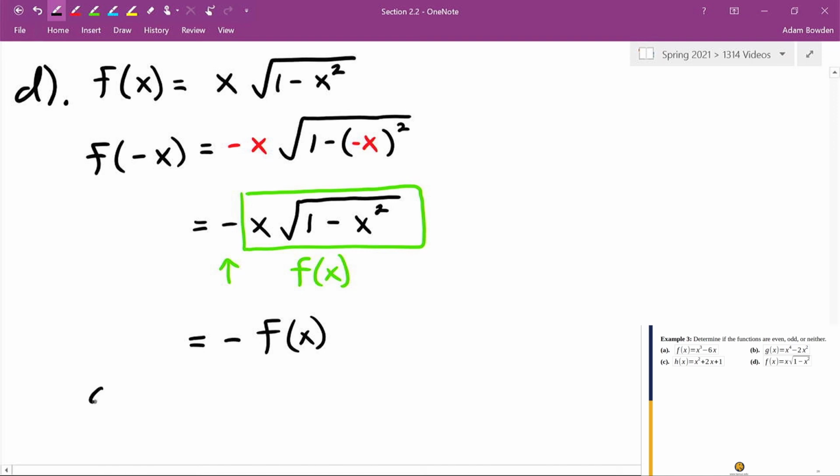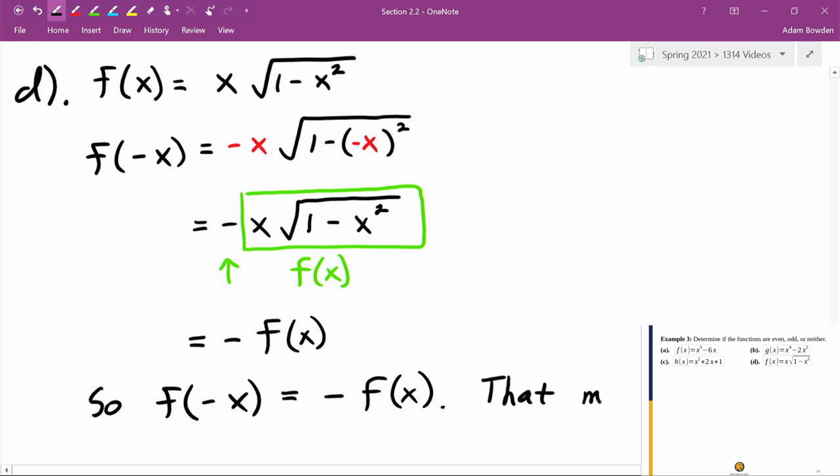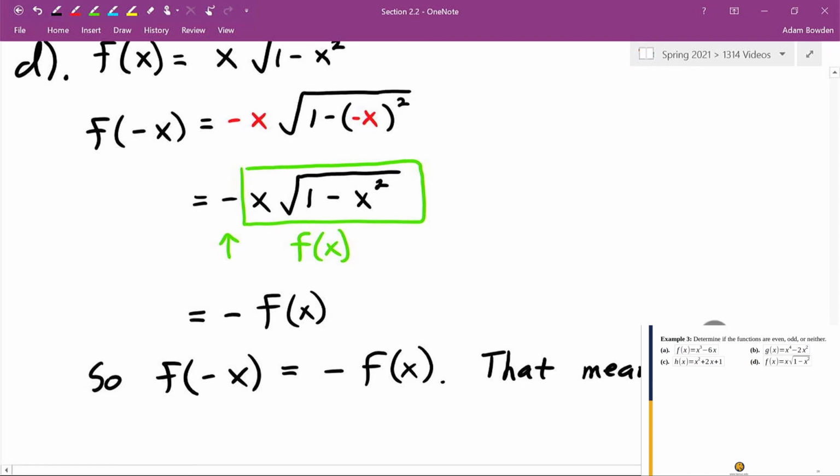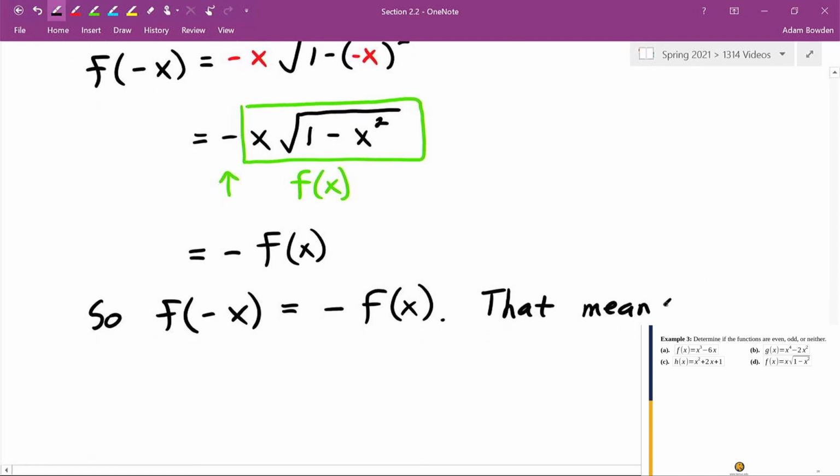So we can tell that f of negative x is the same thing as negative f of x, a negative out in front of the original function. That means, by the definition of even or odd referred to earlier, that f of x is odd.